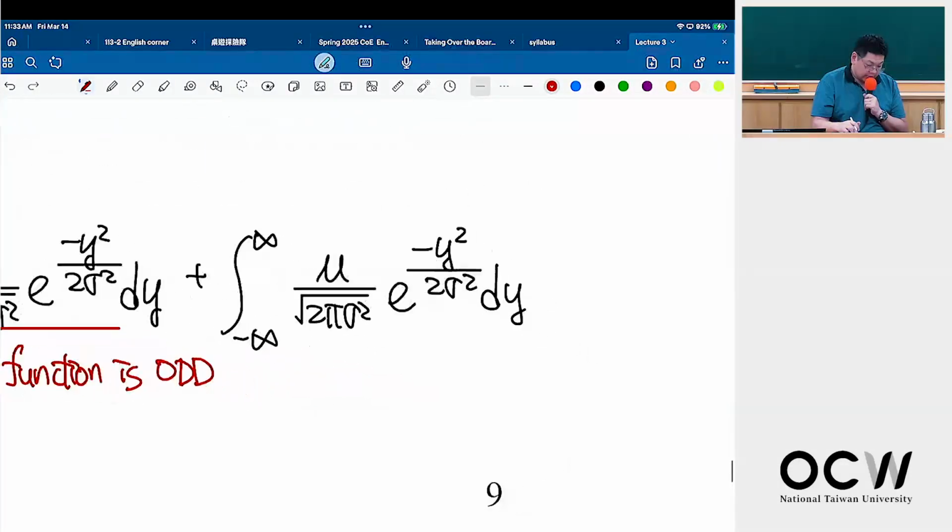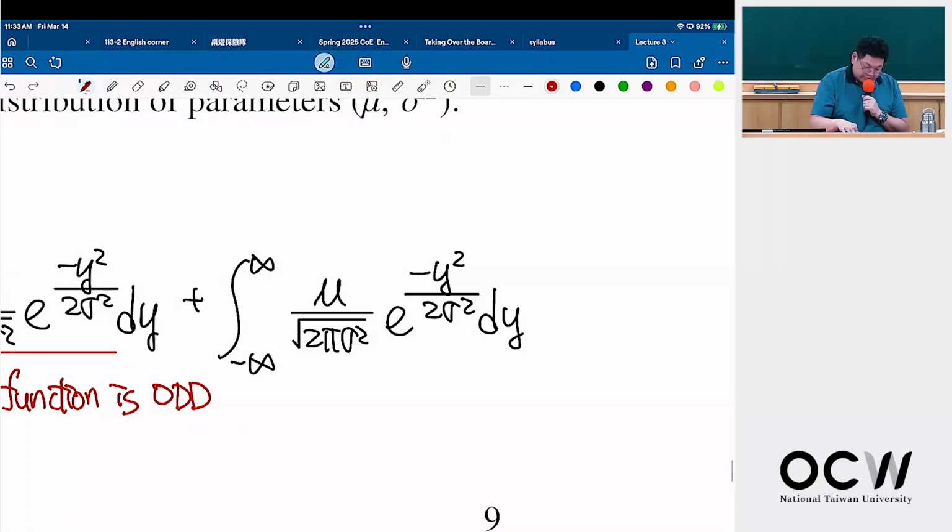How about the second term? For the second term, I can put mu outside, and then let's rewrite it.